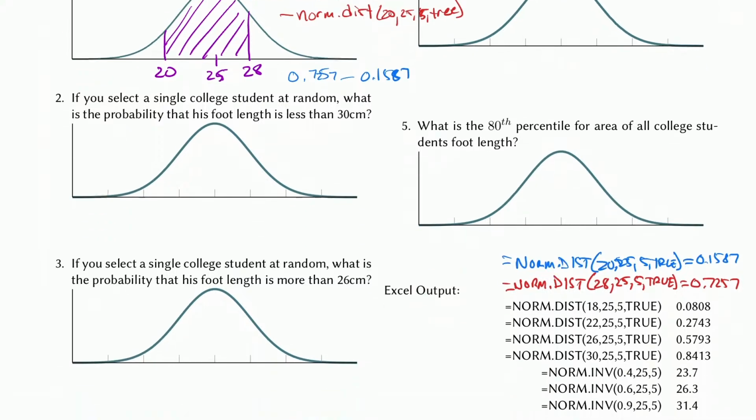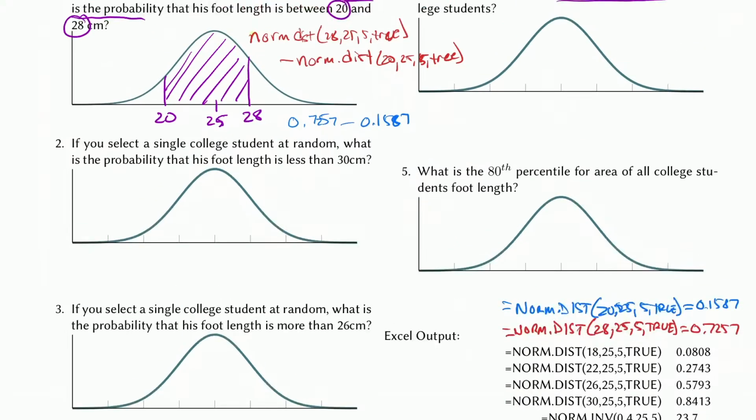I'm trying my best to adapt the Excel stuff to a paper test. So sorry about that. 0.7257 minus 0.1587. Still, it won't take you too long. And I got, I'll put it up here, 0.5670. That's my final answer.